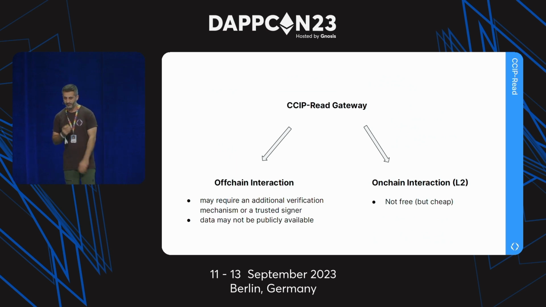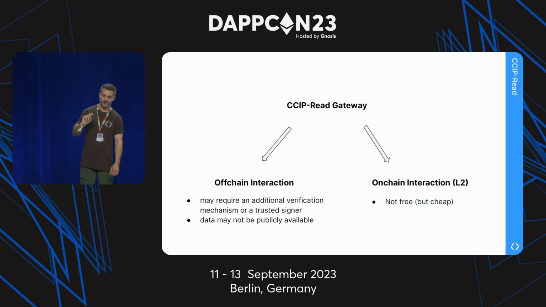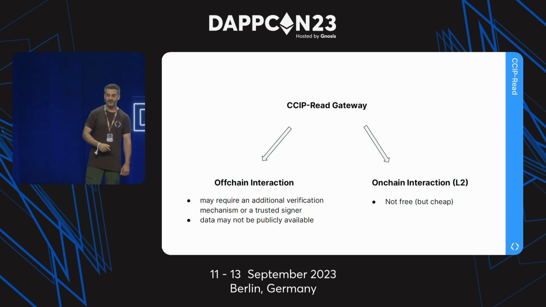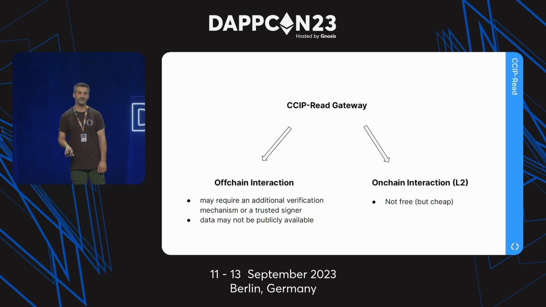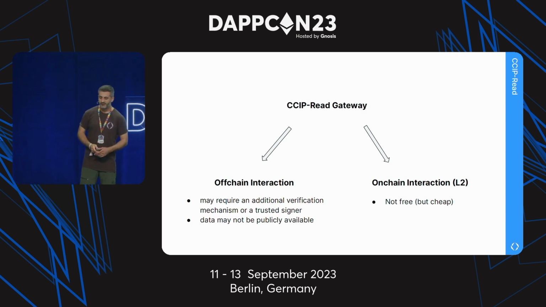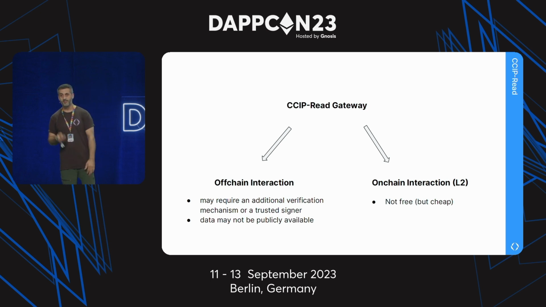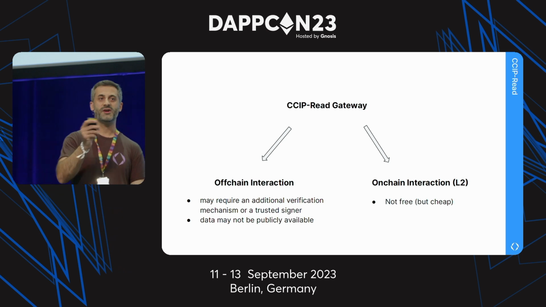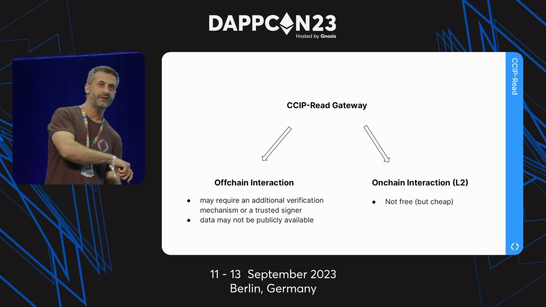So CCIP read and this gateway is a little bit different. I just want to quickly mention that there are two types of gateway interaction you are able to do at the moment, and those interactions have some limitations. The off-chain interaction may require an additional verification mechanism, which you can verify on-chain.